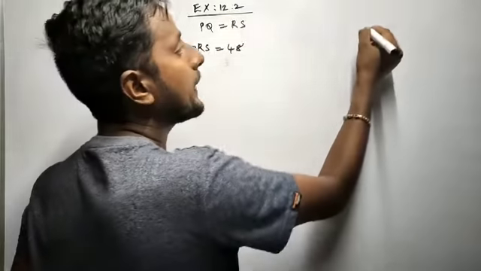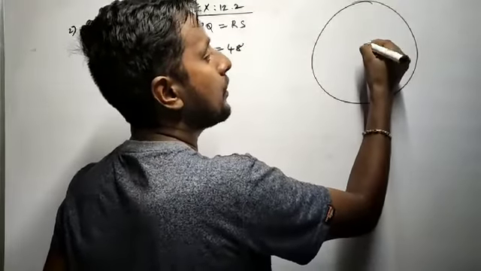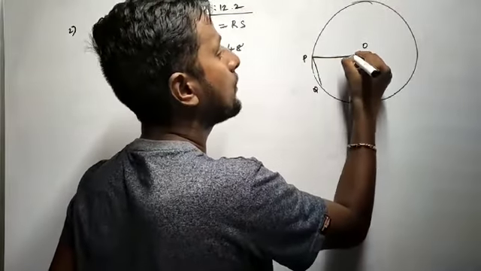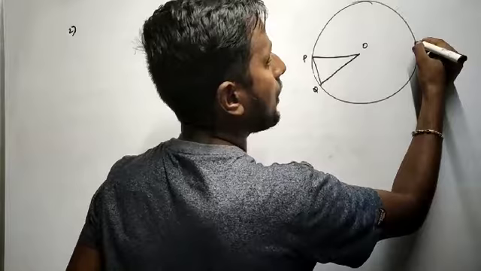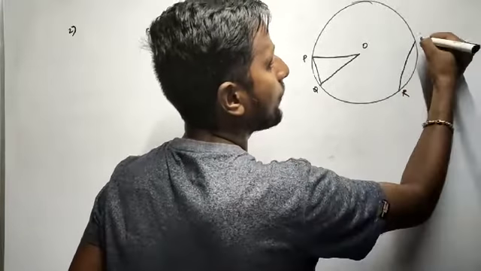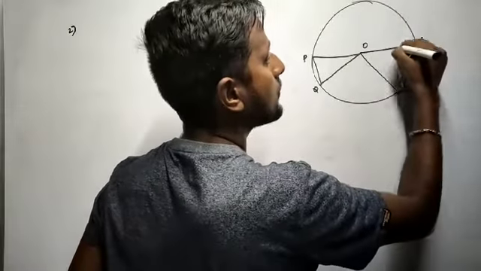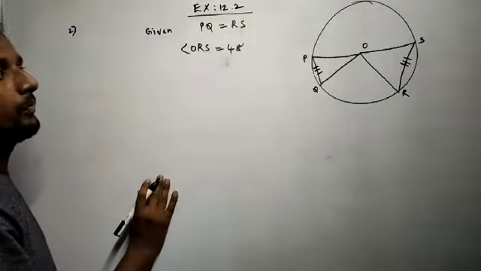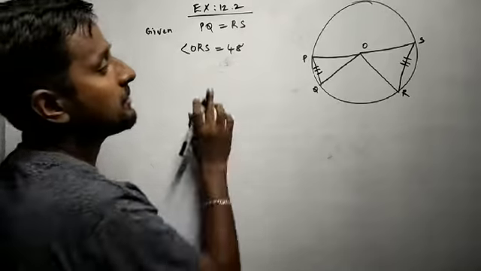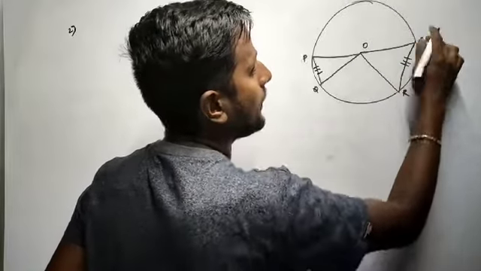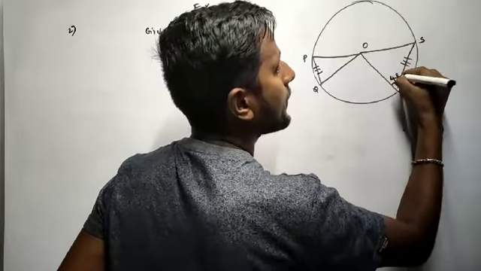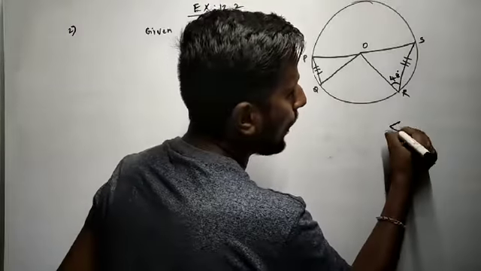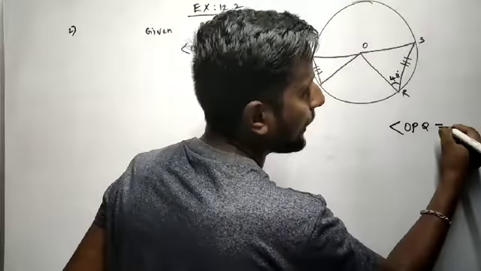Let's draw the diagram. Center O, PQ is a chord, and RS is another chord. Mark angle ORS as 48 degrees. We should find angle OPQ.